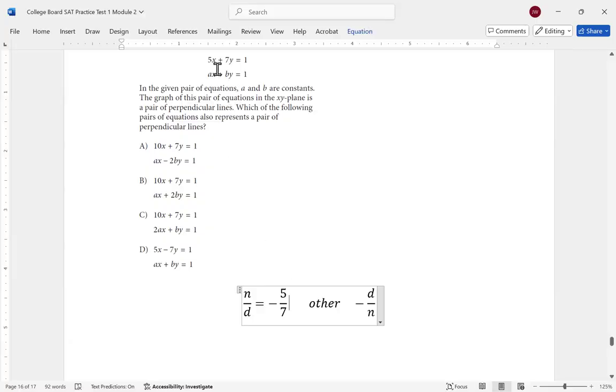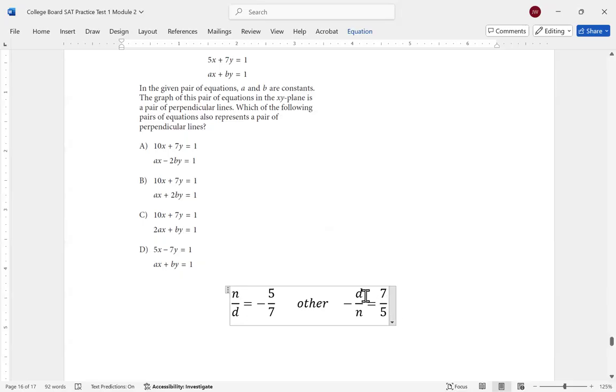That's because when you solve this first equation for y, you would subtract 5x from both sides and then divide by 7. That means my other equation has to have a slope of 7 over 5.